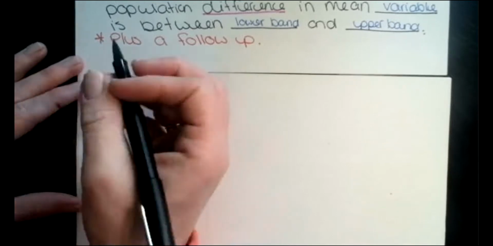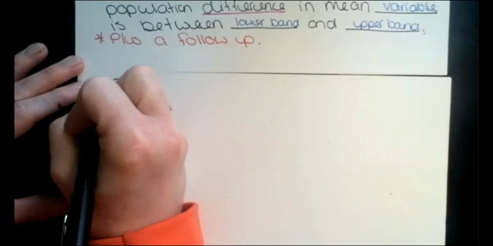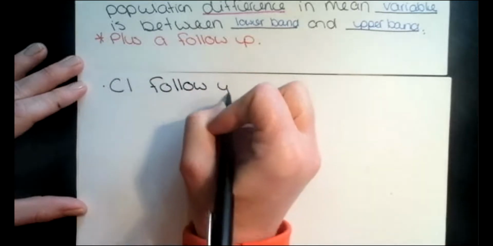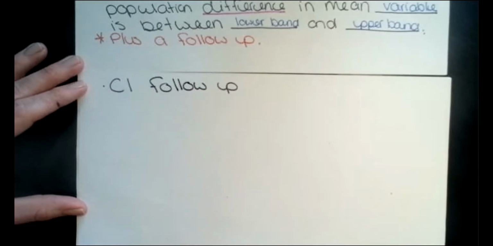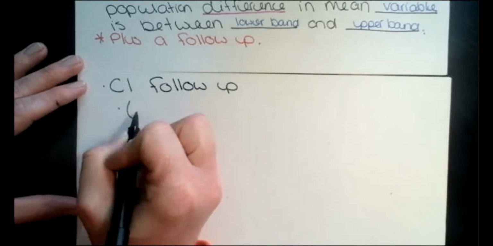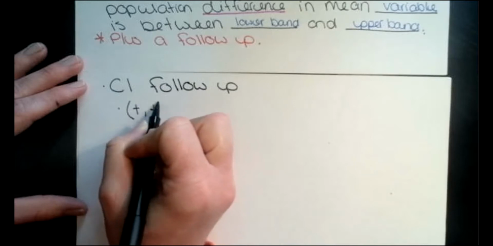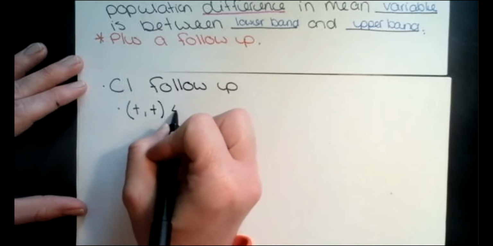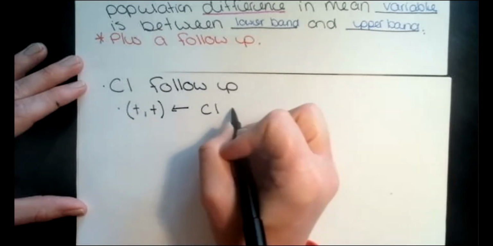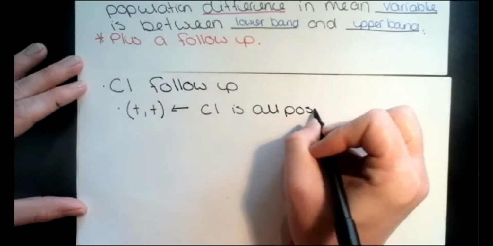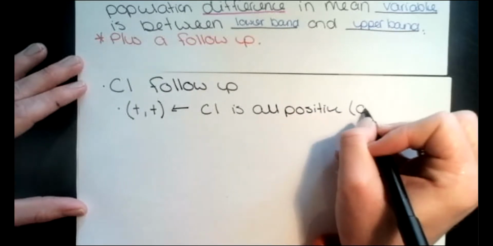So for my follow-up, let me just write this here. CI follow-up statement, okay? We have three options, right? And so the three options would be if we had an all positive CI, and this means that the entire CI is all positive or above 0.